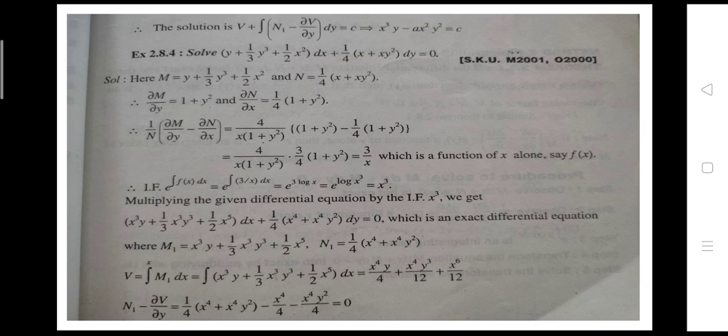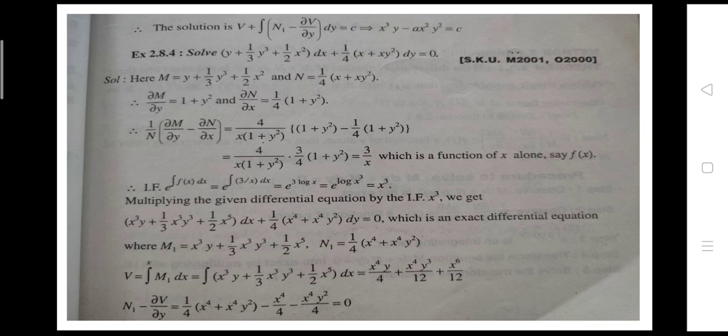Now simplify, we get 4/(x(1 plus y²)) into 3/4 (1 plus y²). Simplify, 4 gets cancelled and 1 plus y² and 1 plus y² get cancelled. We have only 3/x, which is a function of x alone, called f(x).